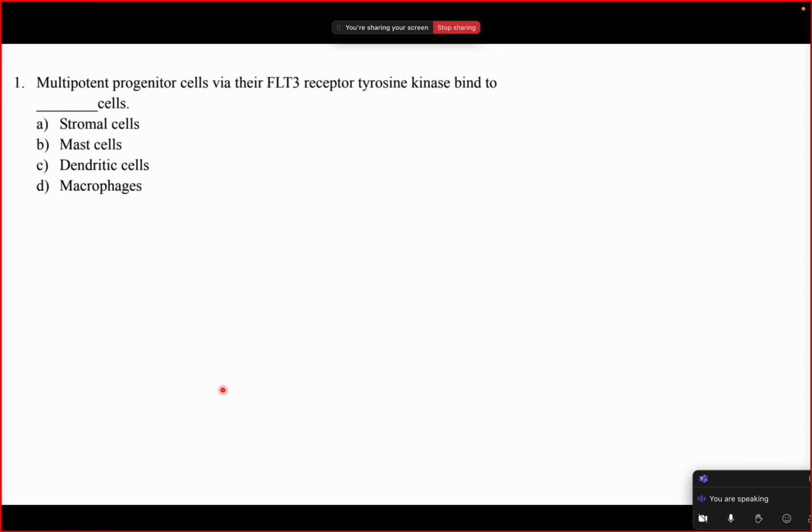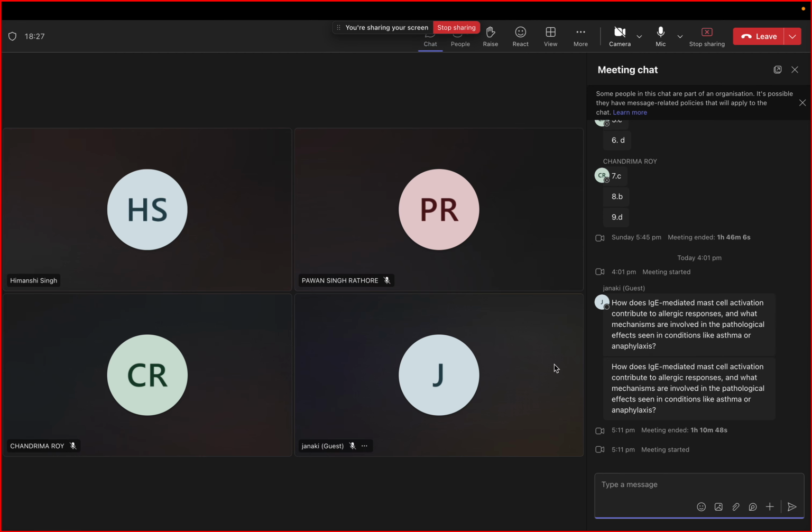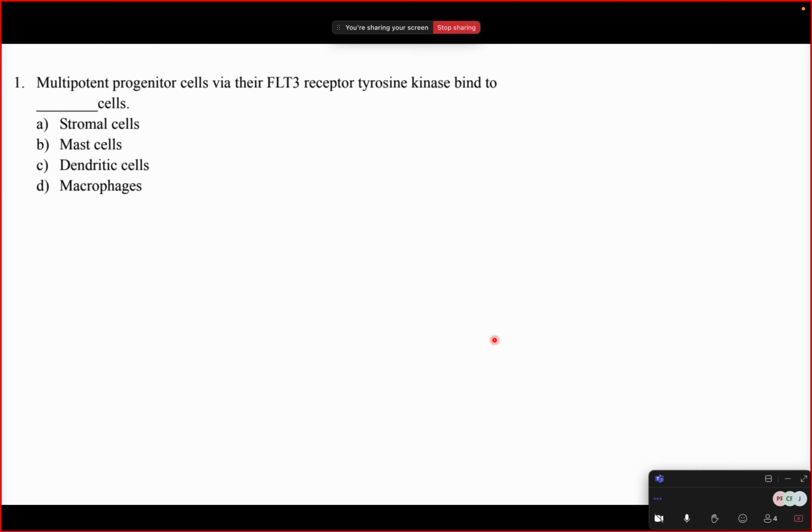I'll give you 1 minute, because if you have attended and are up to date with the lectures, you'll get this answer just by looking at the options. Option A, ma'am. Yes, but I want everyone to play a role in this, so please put your answers in the chat. Okay, so for this question obviously the answer is stromal cells.